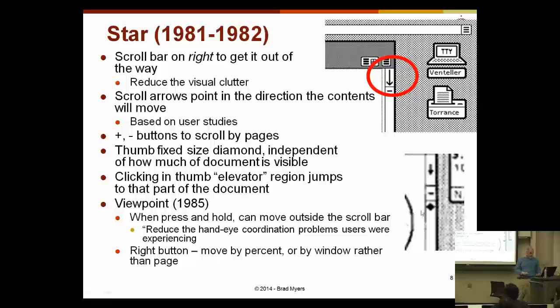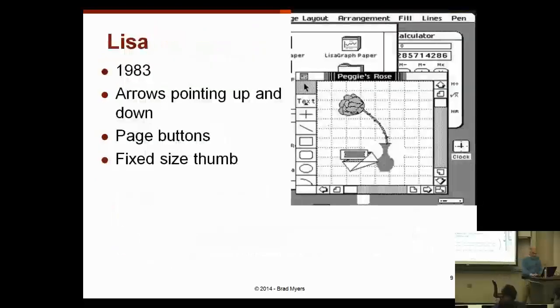The other thing they added, which is kind of bizarre that no one's done since, is that if you clicked with the right mouse button and moved, it actually moved by percents. And if you clicked here, it would move by window fulls instead of by document page. That was kind of a weird extension that they added.